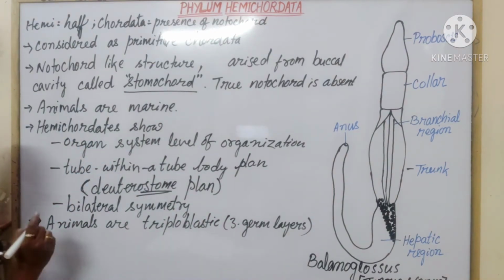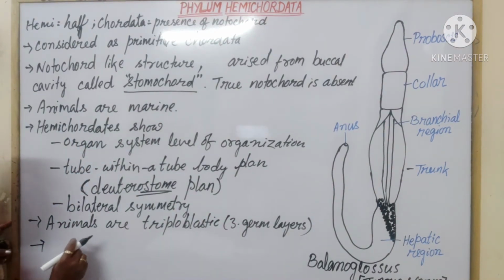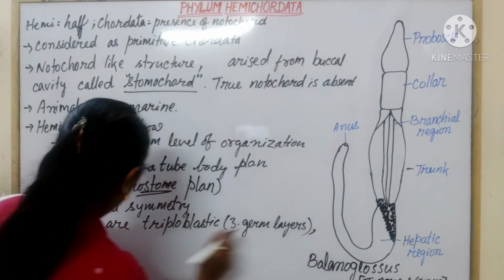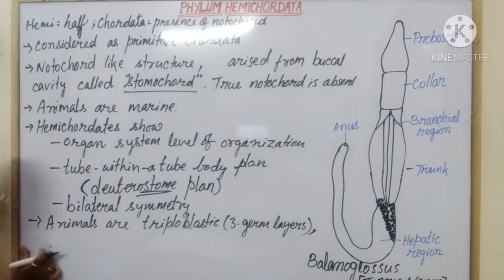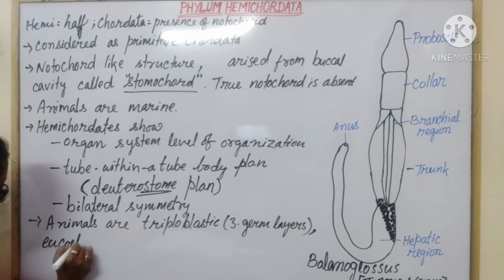These animals are triploblastic eucoelomates. Eucoelomates means true coelom is present.